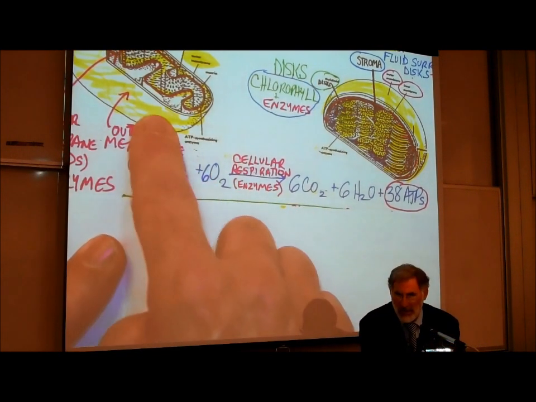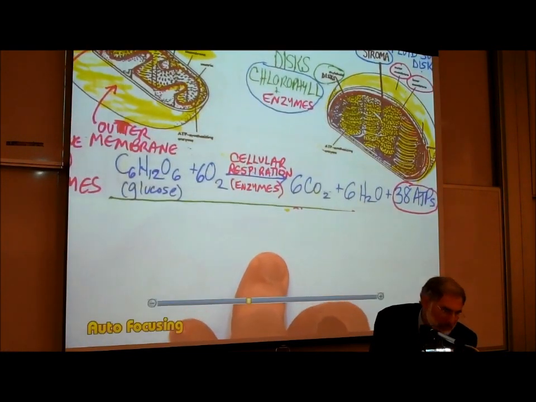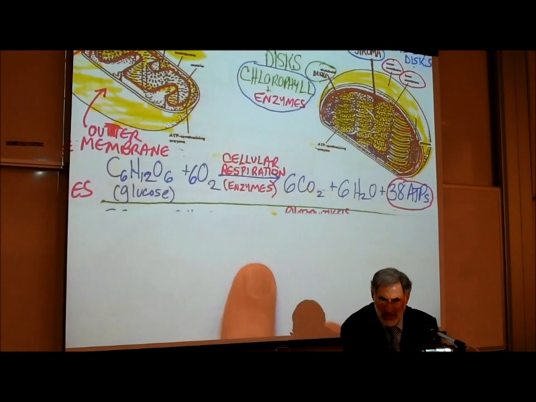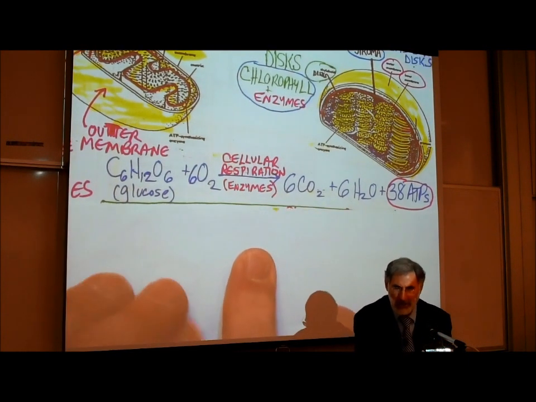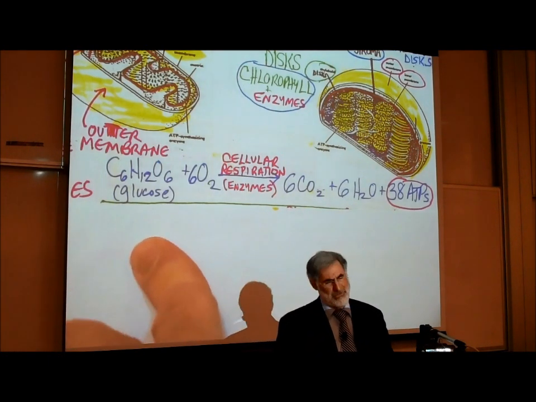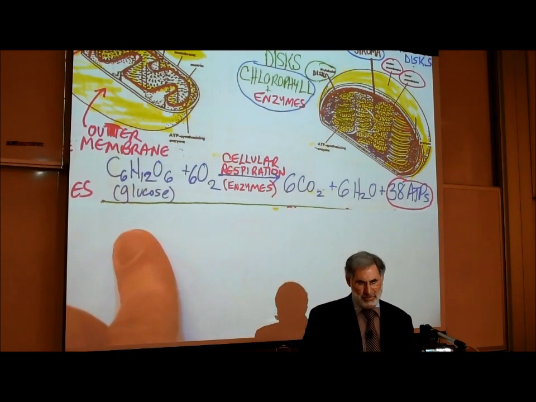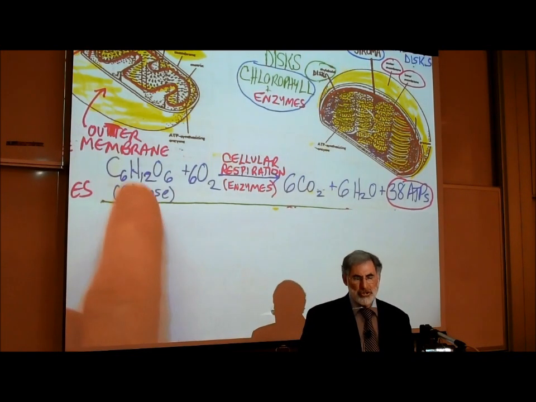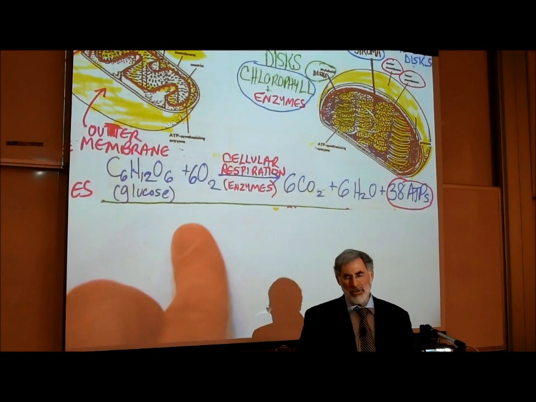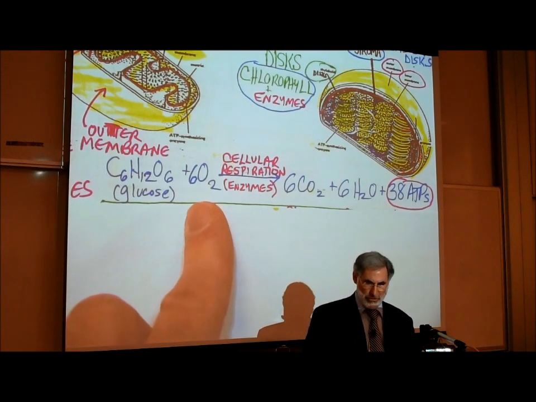So what is occurring in the mitochondria is called cellular respiration. Now, the overall process of cellular respiration is what I've written. We're going to learn a lot more details about this in chapters 5 and 6. In cellular respiration, sugars such as glucose, C6H12O6, are broken apart using 6 molecules of oxygen, or O2.